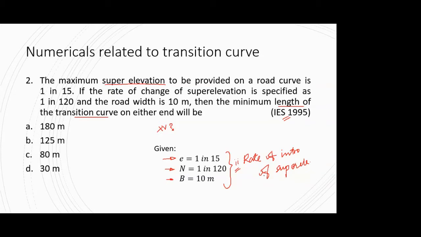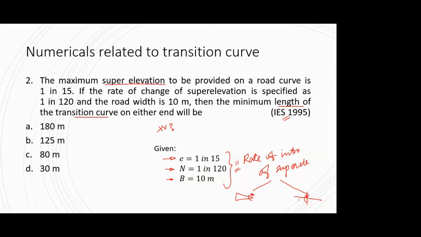Now in this rate of introduction of superelevation, we know that we can have two cases: one in which the pavement is rotated about the inner edge, like this, or second in which the pavement is rotated about its center line.